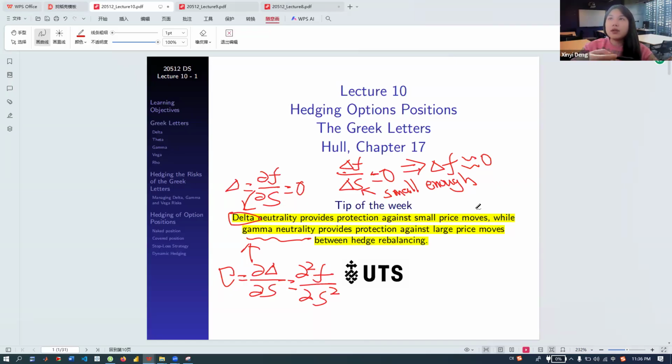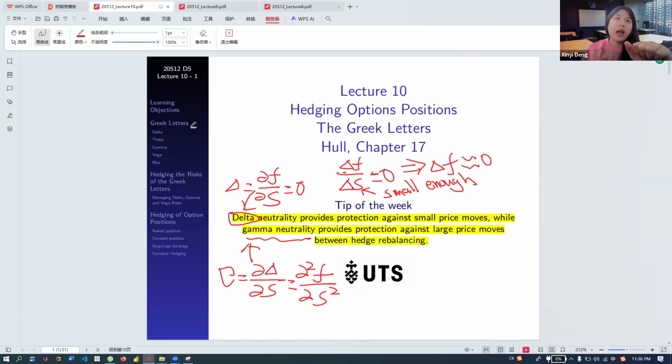For delta neutral, if you don't do any rebalancing, if you just make the portfolio delta neutral at the beginning and then leave it, then as time passes and the underlying price evolves, your portfolio delta is going to change as well. If that's the case, what can you do? Obviously you can keep on doing rebalancing, right?